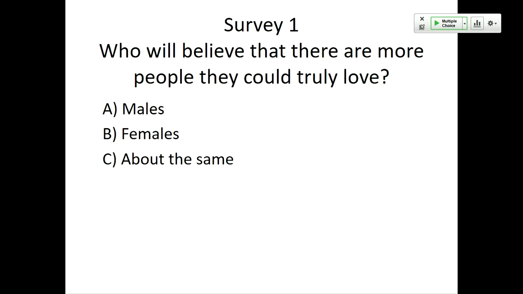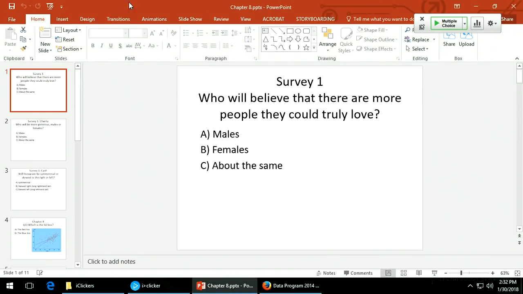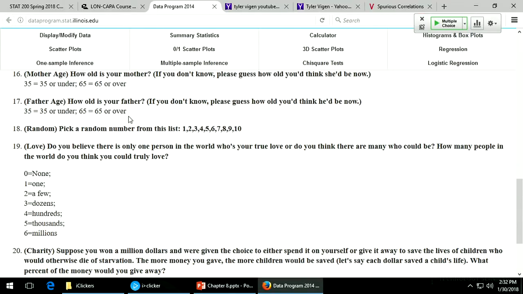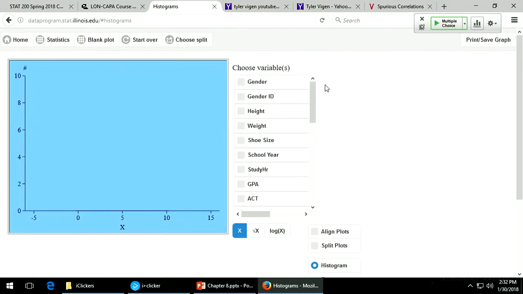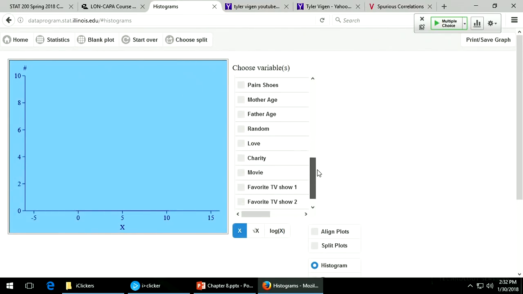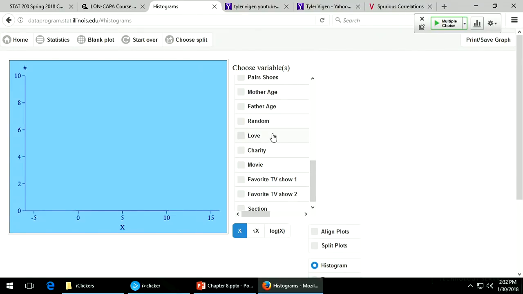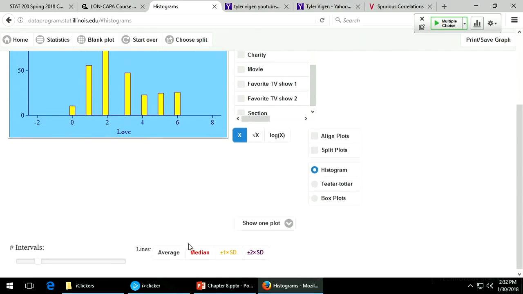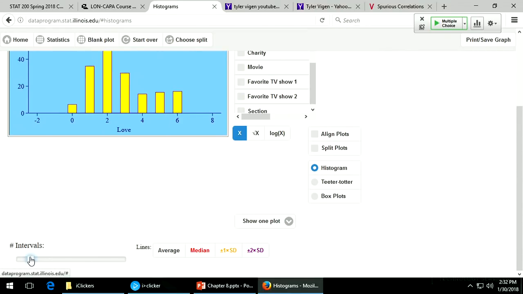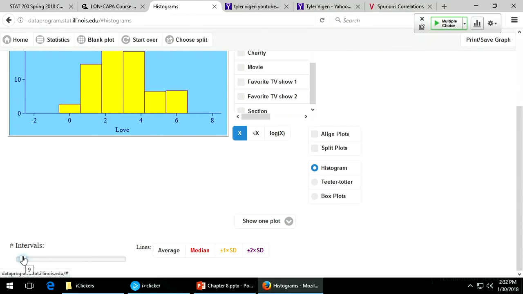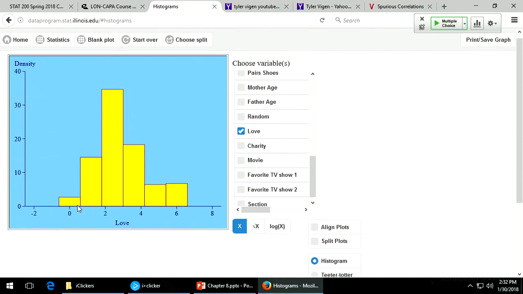So let's go back to the data program, and let's go to the histograms and box plots, and we'll look at that question, love. And what were the categories? Okay, so here's how it looks for everybody together. There were 6 categories, so that means you don't think there's anybody in the world you can love, just one. This is a few. This is dozens, hundreds, thousands.